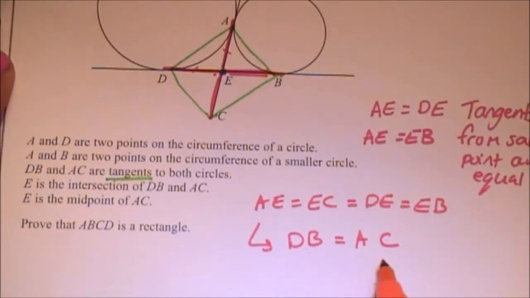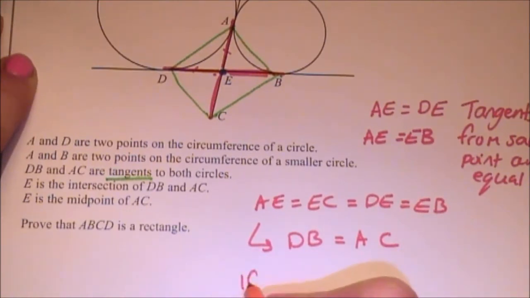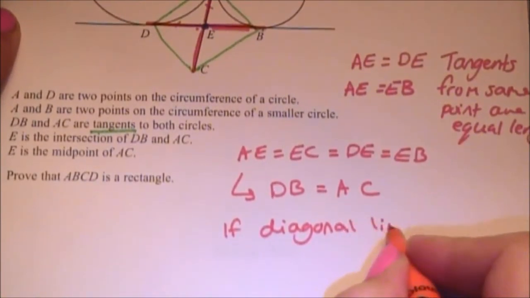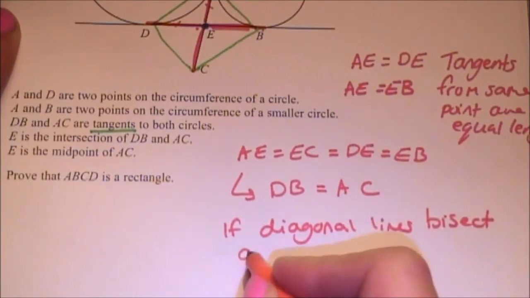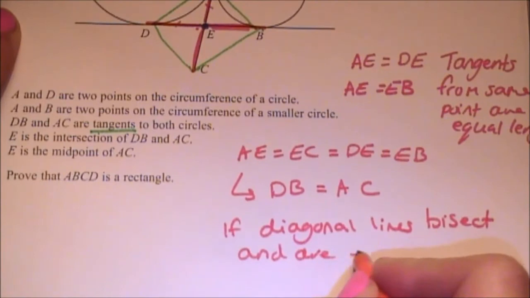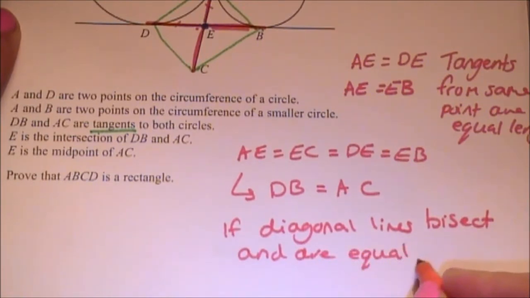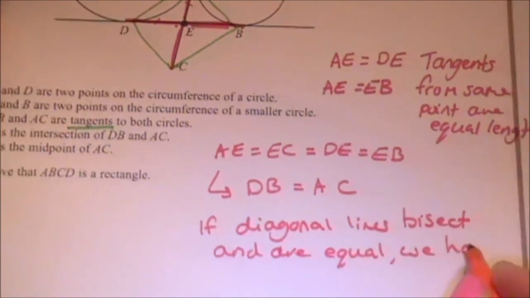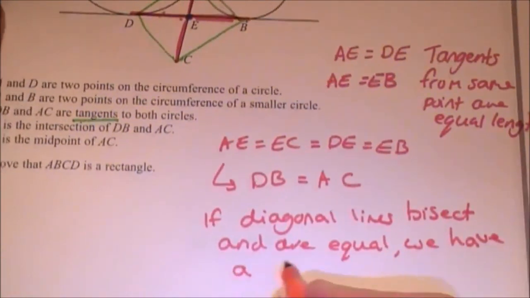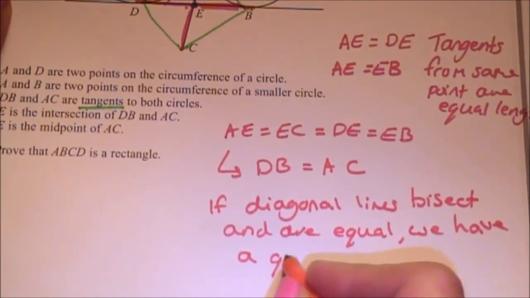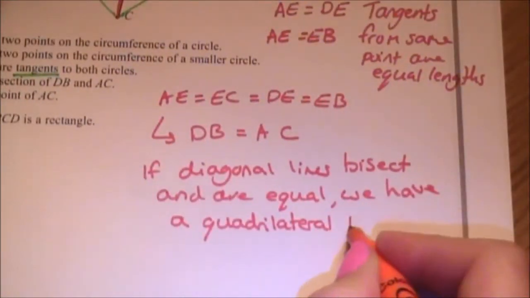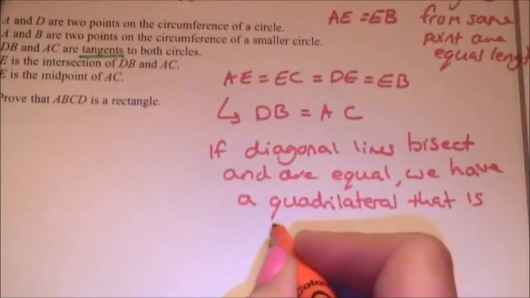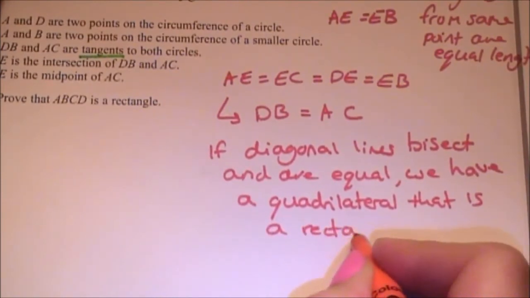So off the back of that statement, I can say that if diagonal lines bisect and are equal, we have a quadrilateral that is a rectangle.